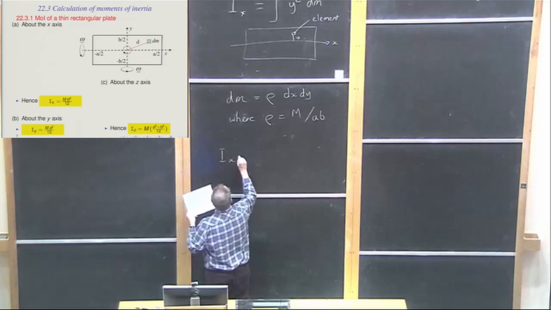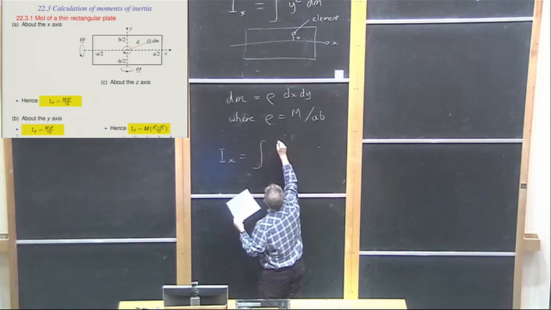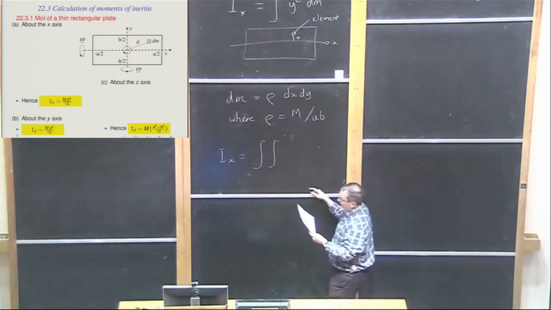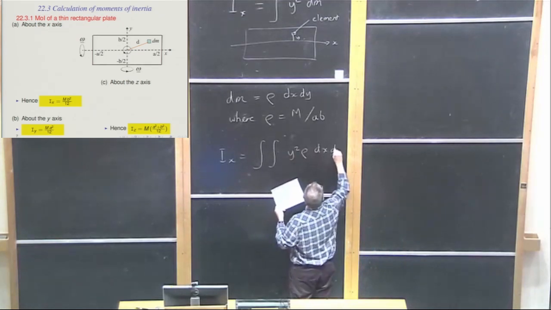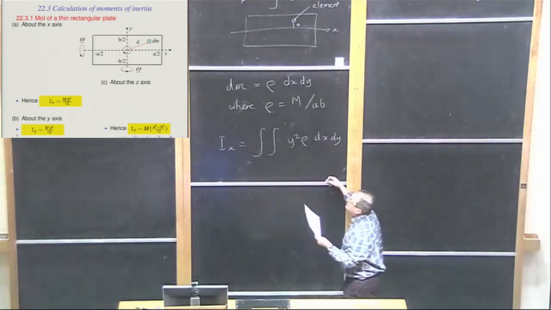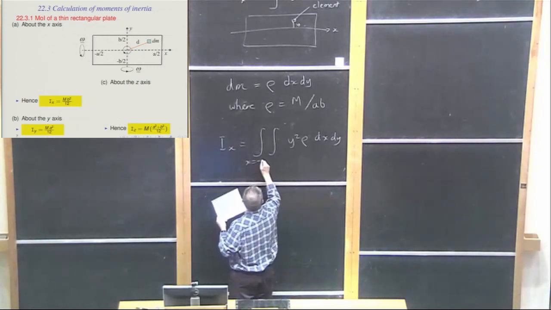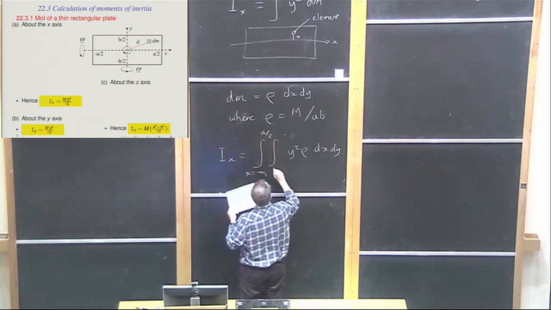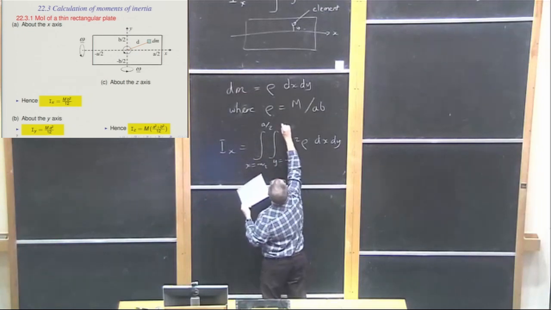Okay, then we have that Ix is the integral over, so let's write it as a double integral now because we need to integrate over x and y, of y squared rho dx dy, and we can already put in the limits, so x is going to go from minus a over 2 to plus a over 2, and y is going to go from minus b over 2 to plus b over 2.